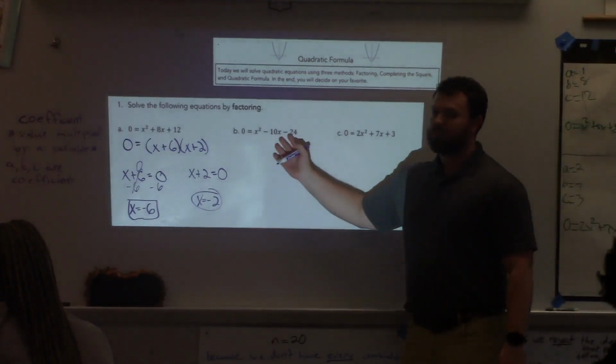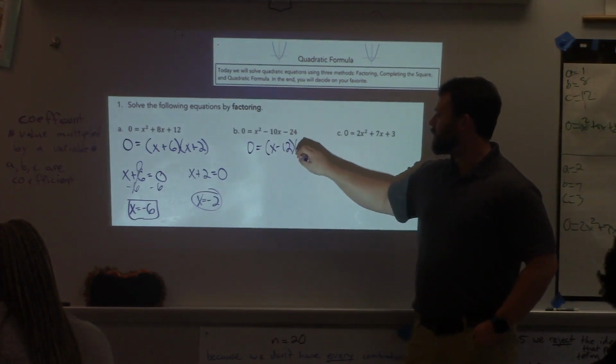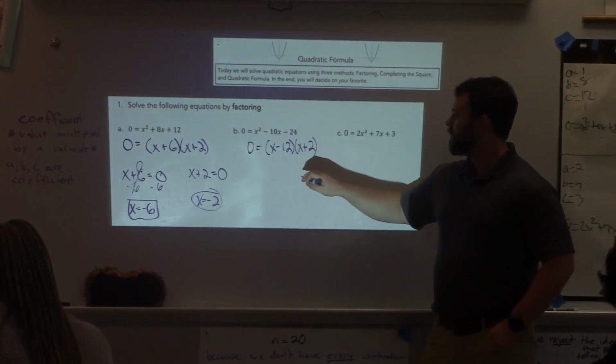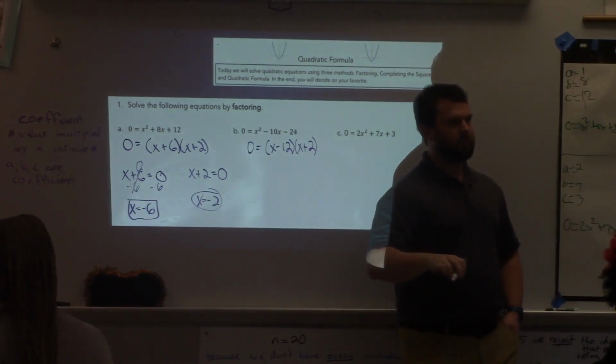Alright, B here. I believe when we factored it, we found x minus 12 and x plus 2. Did we put minus 2? You got plus 2?